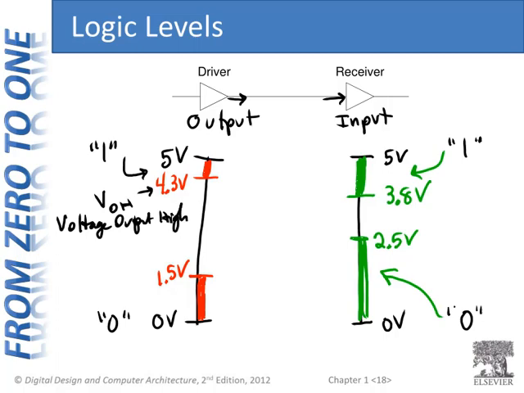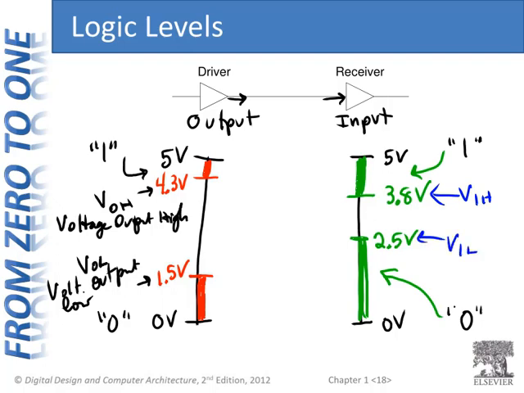This 1.5 volts is the voltage output low, or the VOL, worst case output low voltage. And then, as a corollary, we have our voltage input high and voltage input low, the worst case input high and low values.